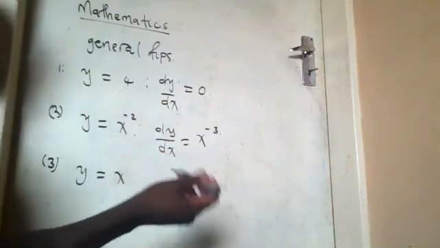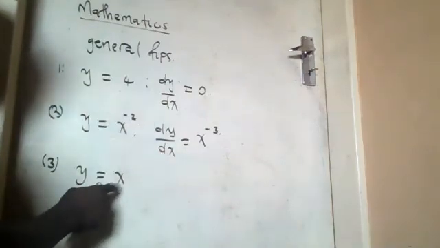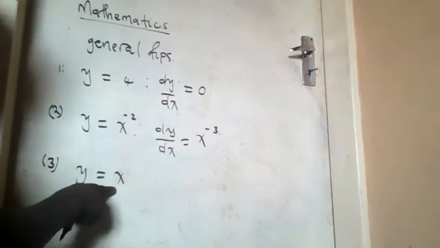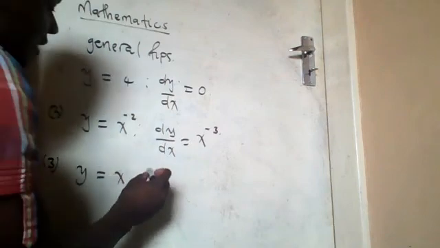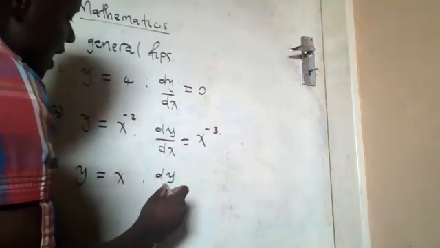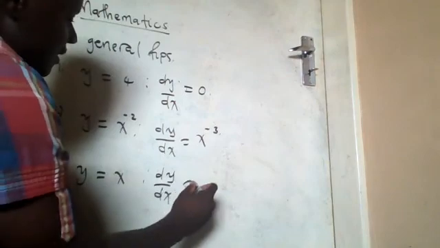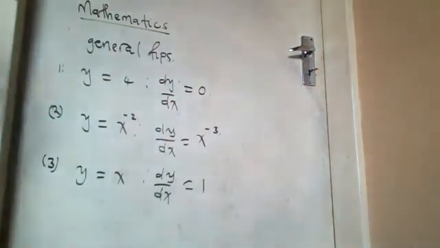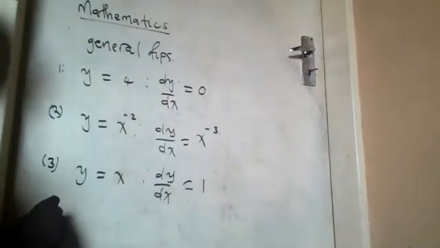Then when you have a single letter like that, y is equal to x, the dy over dx is equal to 1. These are the derivatives that we have to know.